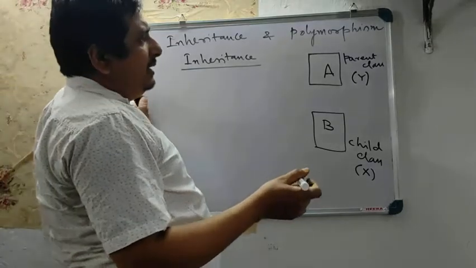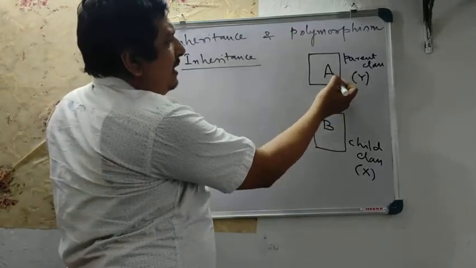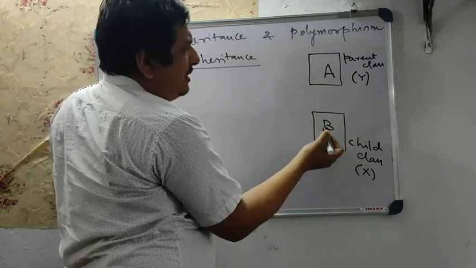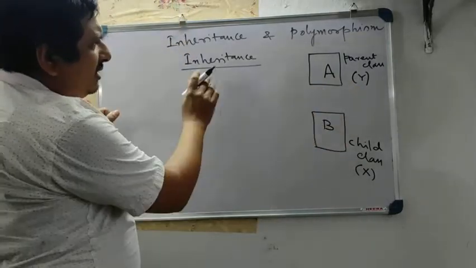Okay, so what I said, A is the parent class and B is the child. We are starting with inheritance.